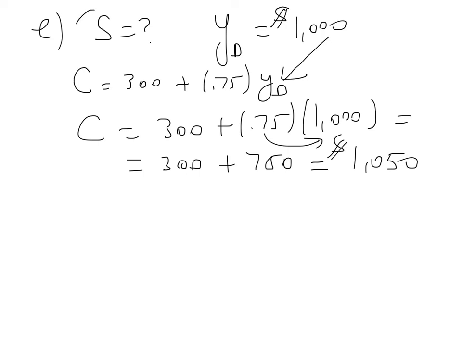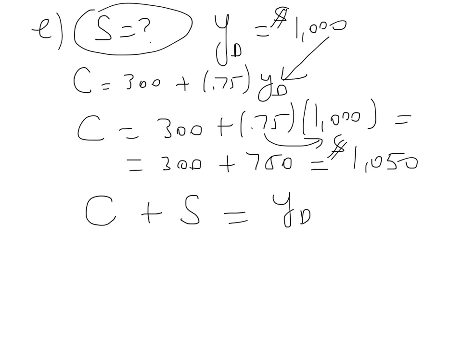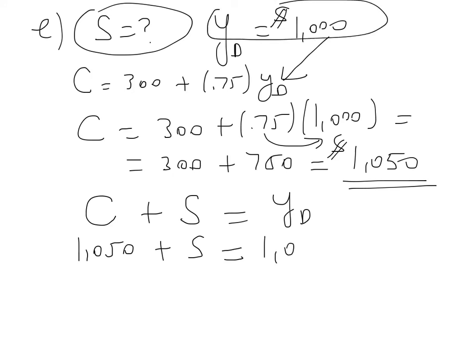I have to calculate how much my savings is for an income of 1,000. I also know that my consumption plus savings equals disposable income. That was on your PowerPoint earlier when you studied for this topic. So my consumption is 1,050, plus I don't have my savings, I have to solve for this one, and I'm given that disposable income is 1,000.